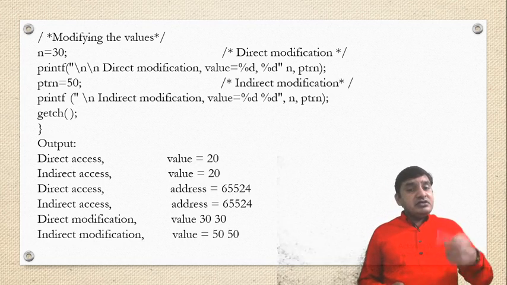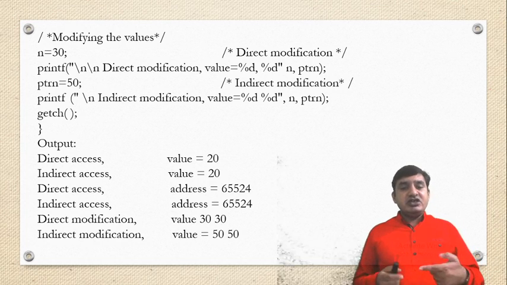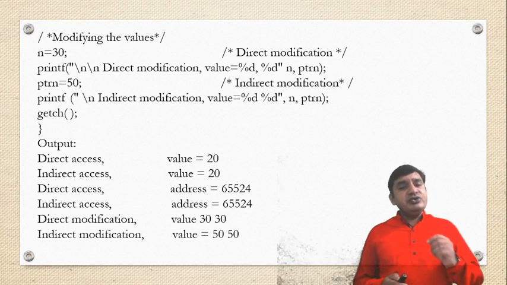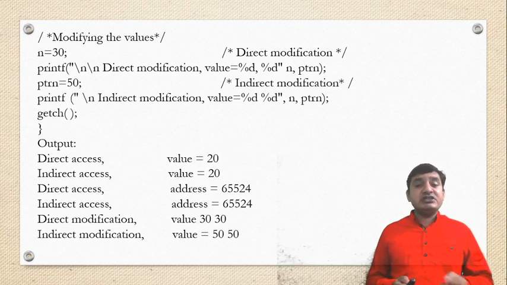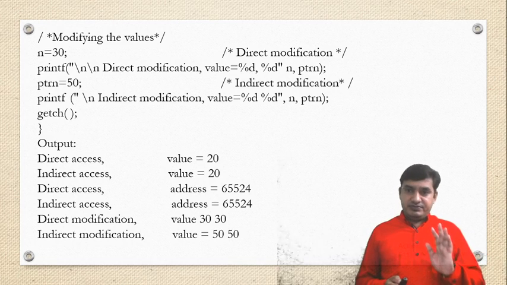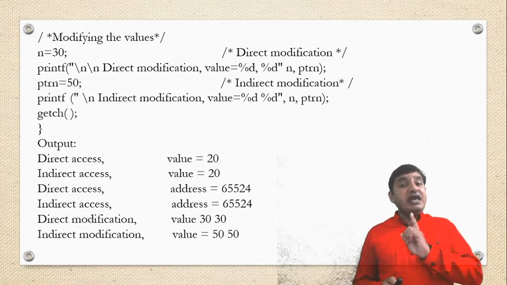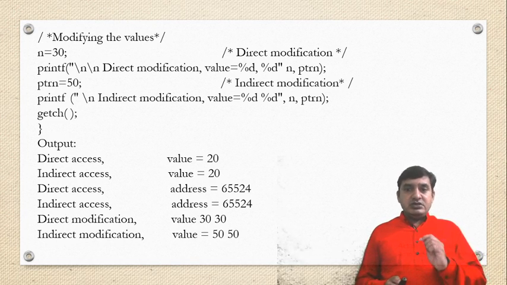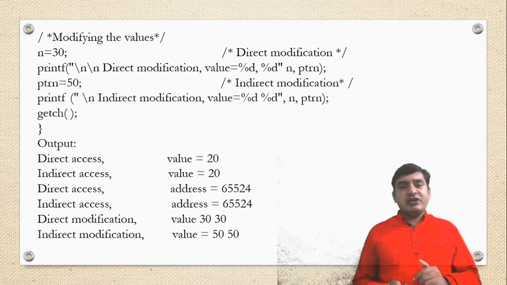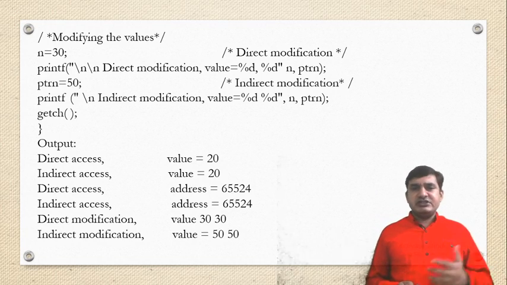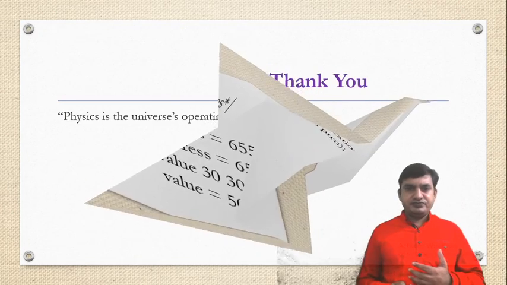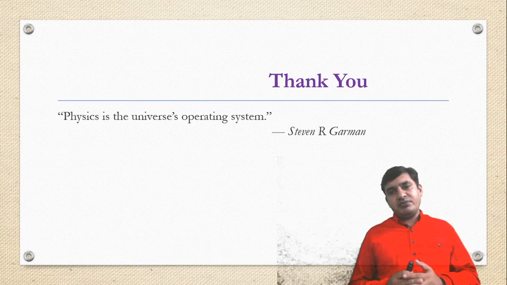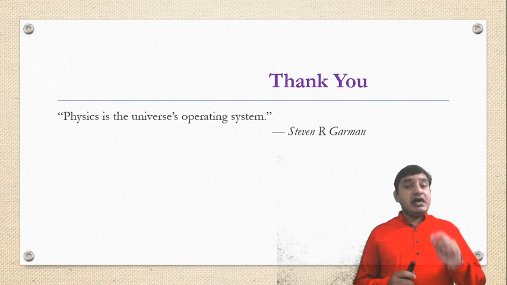We change the value at that address by using indirect modification, and the value is 50 and 50. Value n is equal to 50, and at the pointer there is also the value 50. So this is the modification. All these are very important programs related to arrays and pointers.